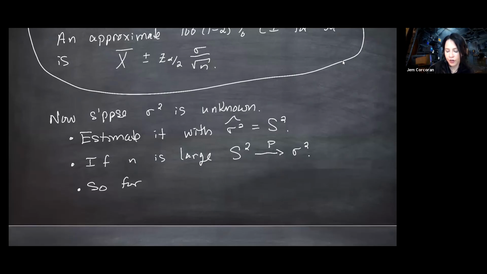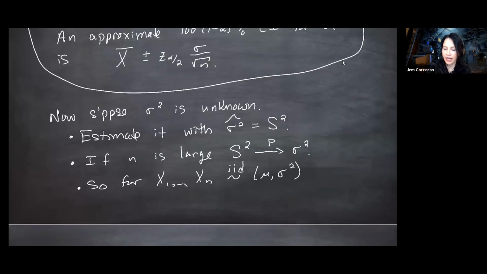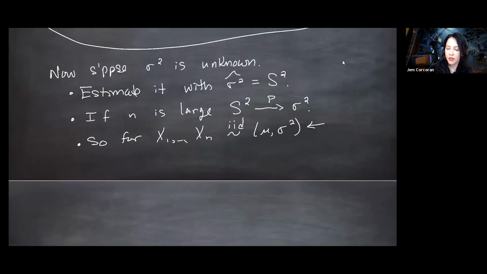So for x1 through xn, IID from any distribution with mean mu and variance sigma squared, and these are both unknown. And this could even be the normal distribution with mean mu and variance sigma squared.